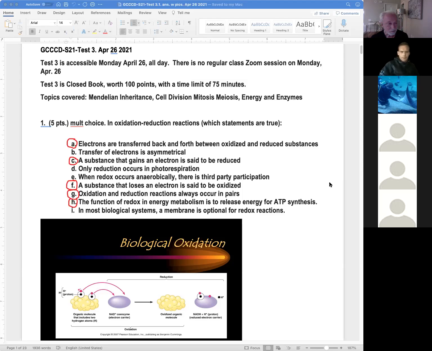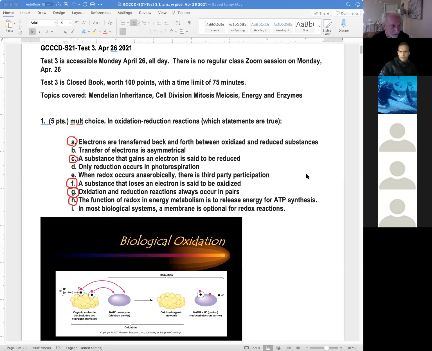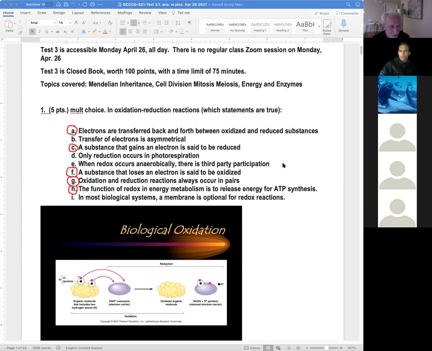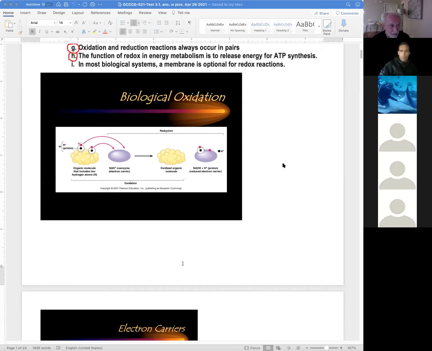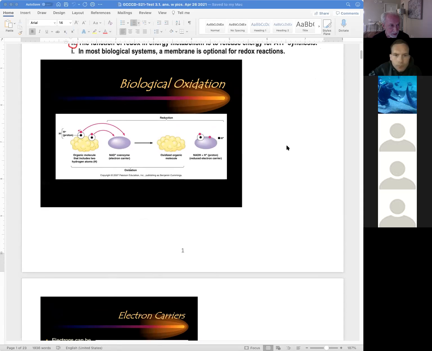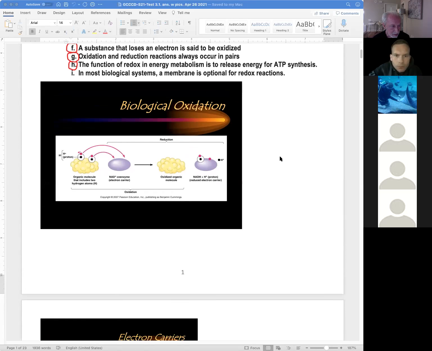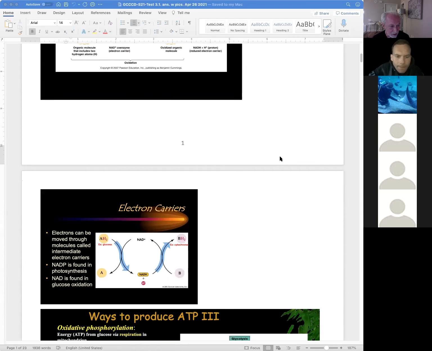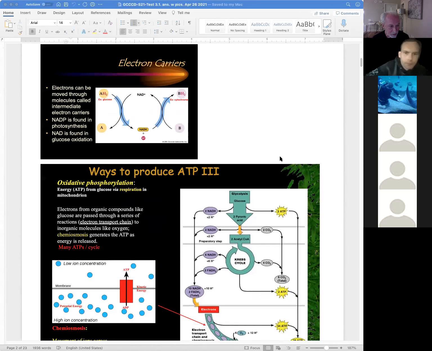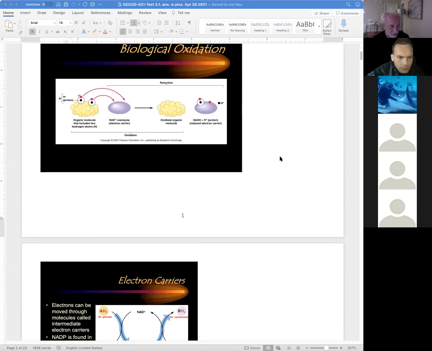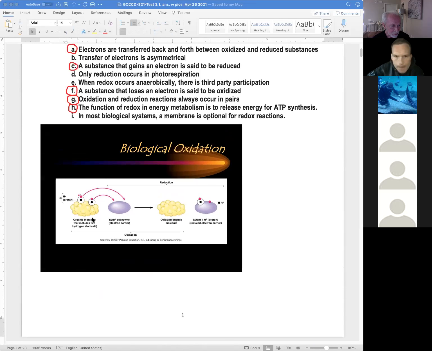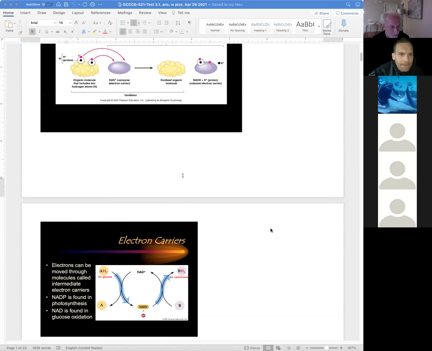So let's start with the first question. In oxidation reduction reactions, which statements are true? Now, where did this question come from? I've indicated here a couple of the slides. We talked a lot about redox, but this question is really based on these 3 figures from lecture, showing how oxidation and reduction work in pairs.